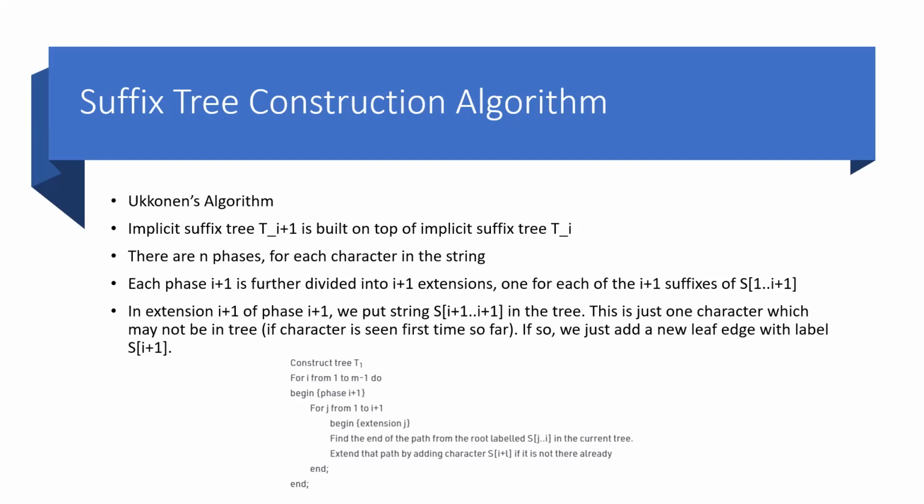Inside each phase we have to do the extension, where we find the end of the path from the root that we're looking at, so j to i in the current tree, and then we can extend that path by adding the character that we're moving up by 1, if it's not already there. If it's already there, then we don't have to do anything.